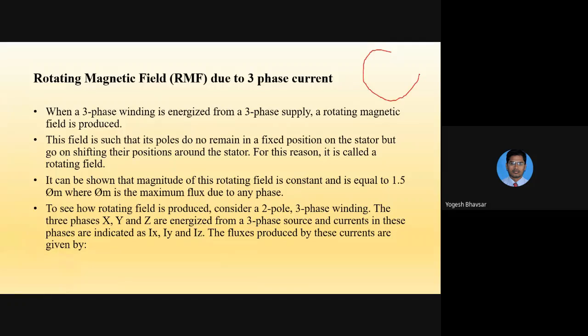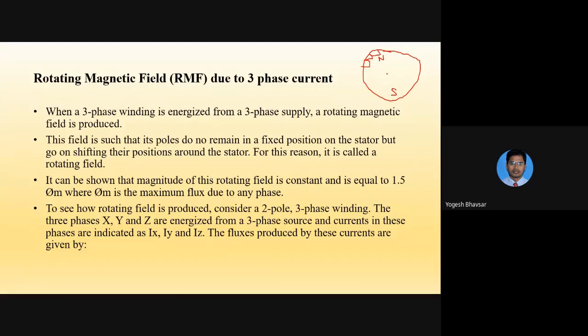Suppose this is the stator. There will be slots from the inner periphery, and there will be a three-phase winding. At one point, suppose this side produces an N pole and this side produces an S pole. As it is a three-phase supply, there will be a rotating magnetic field.